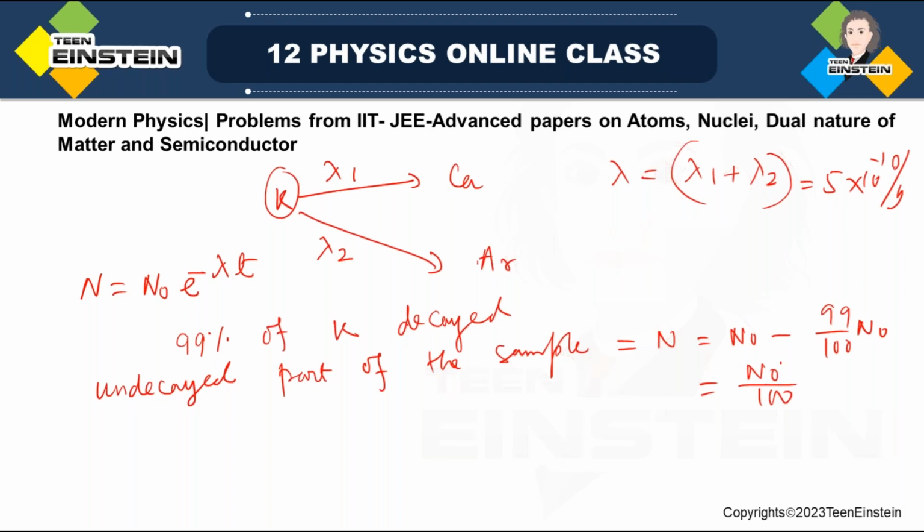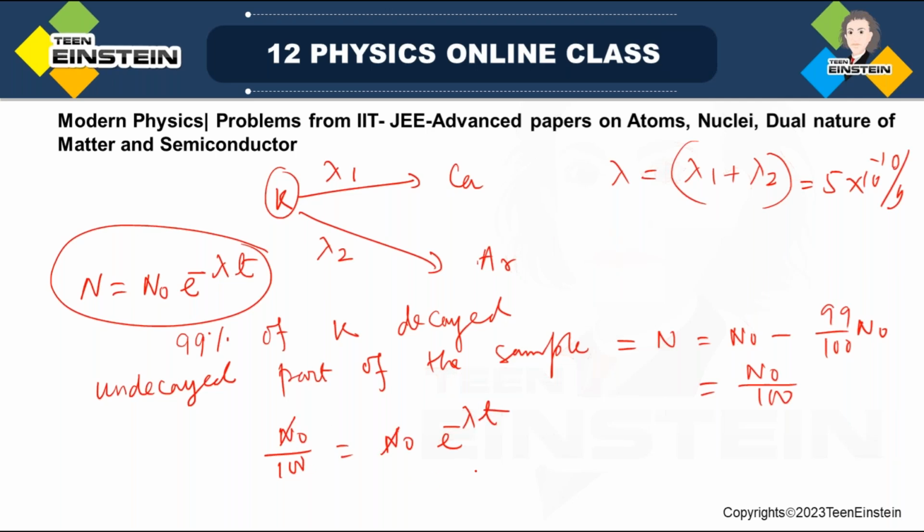Now what we need to do is see N by N0 from this particular equation. This N is actually the undecayed part, right? So N0 by 100 we can write here, and here it is N0 into e to the power minus lambda t.